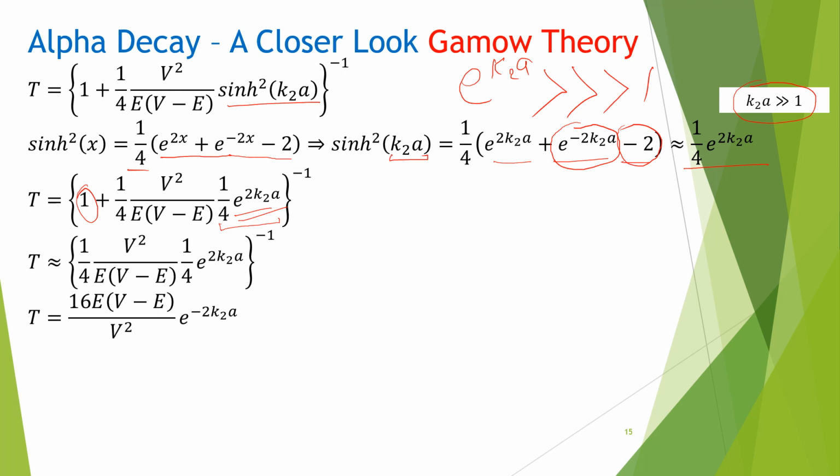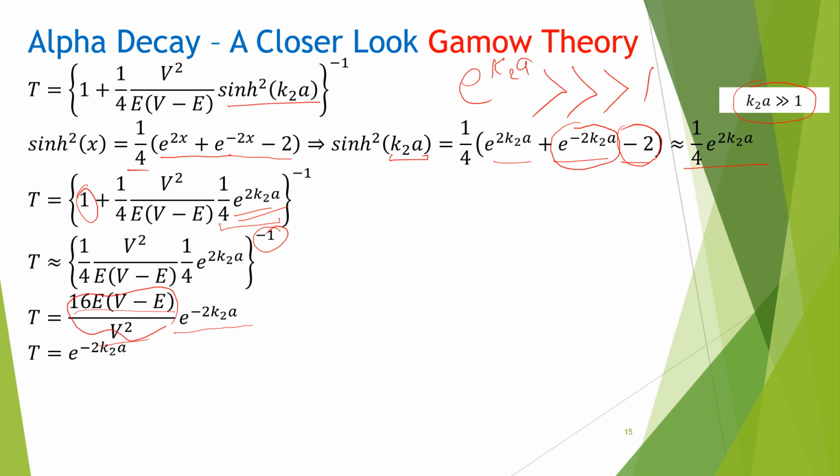It will be 16E into V minus E divided by V square e to the power minus 2K2A. So what I have done, I have taken again the reciprocal of this so that the power will be unity again. So 16E into V minus E upon V square e to the power minus 2K2A. Now I am just ignoring all smaller quantities.